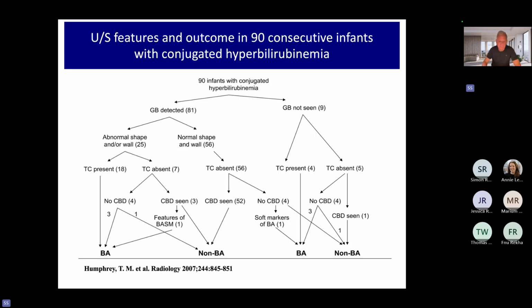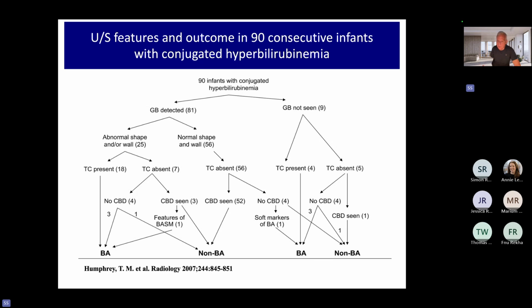Another way to look at it is to look at a series of infants with conjugated hyperbilirubinemia and see if the gallbladder is detected or not seen. If the gallbladder is not seen, there were 9 patients in whom the gallbladder was not seen. 4 had a triangular cord sign.